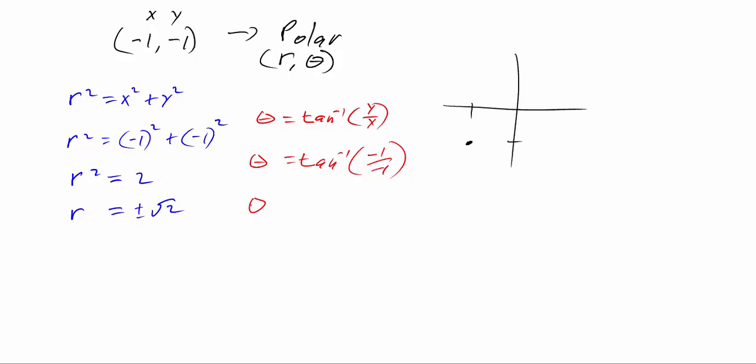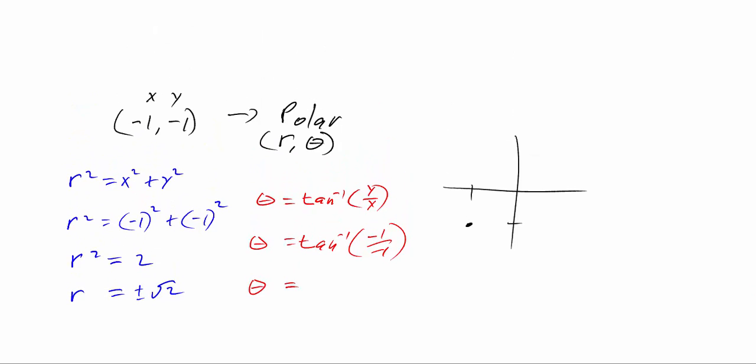And if we were to put this into the calculator, we know that we're going to get an answer, and that answer here would be pi over 4, because remember, one thing we have to go all the way back and remember is when we use the inverse tangent, our answer is always going to be from -pi/2 up to +pi/2.